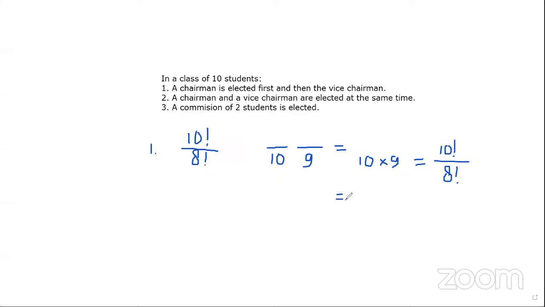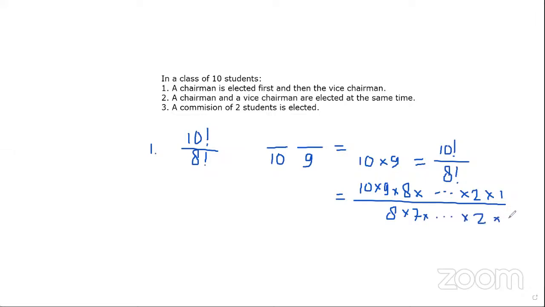That is just 10 times 9 times 8 times and so on times 2 times 1, divided by 8 times 7 and so on times 2 times 1.